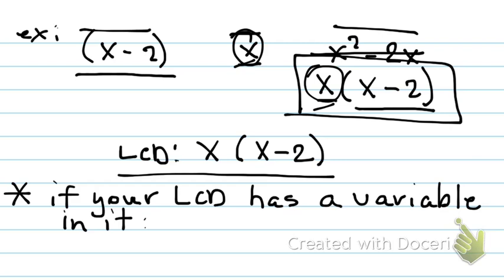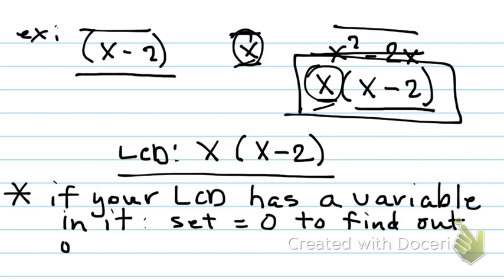A letter. So any LCD that has a letter in it, no matter what letter it is, okay, set it equal to 0 to find out what x can't be.